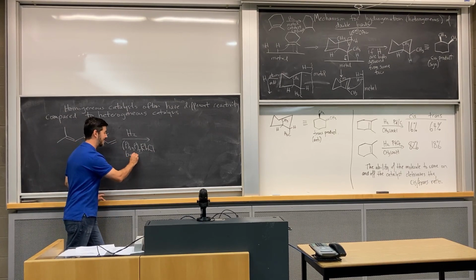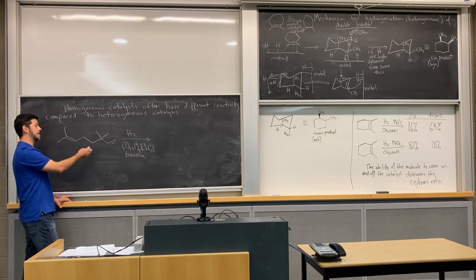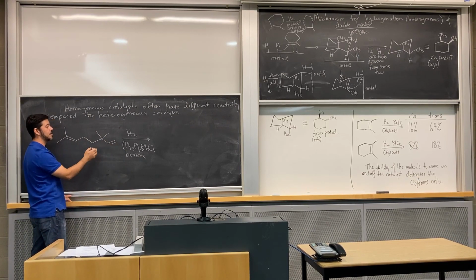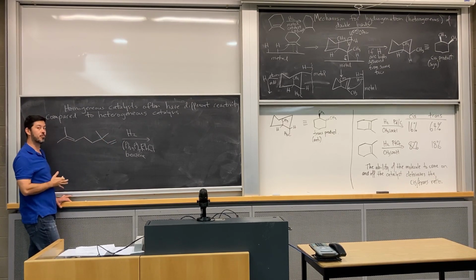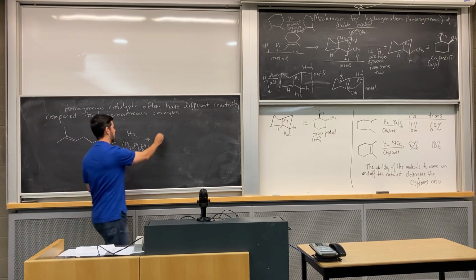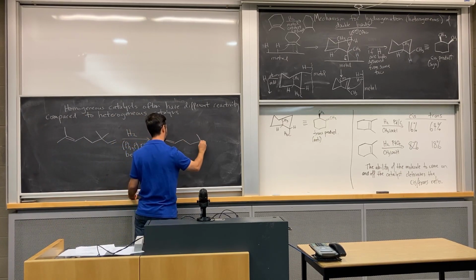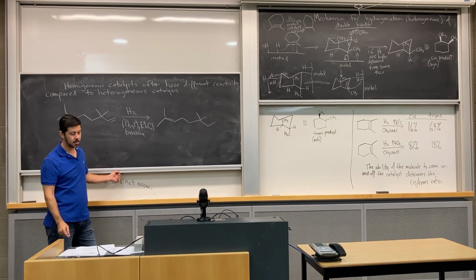We typically do these in organic solvents. What this will do is select this less sterically hindered double bond, reduce that, but not touch this one here, which is more stable and more branched. So that's an example of controlling chemoselectivity using a homogeneous catalyst.